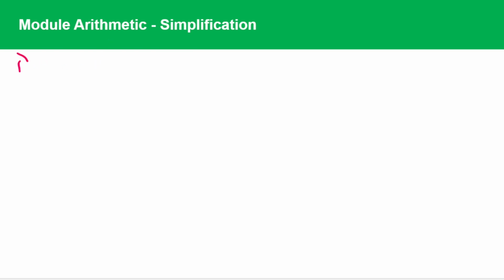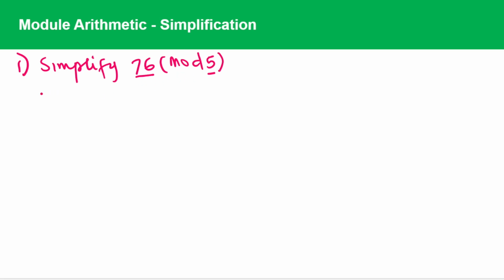Number 1. Suppose I am to simplify 76 mod 5. You can see that the number here is greater than our mod. Therefore, we can simplify this expression.